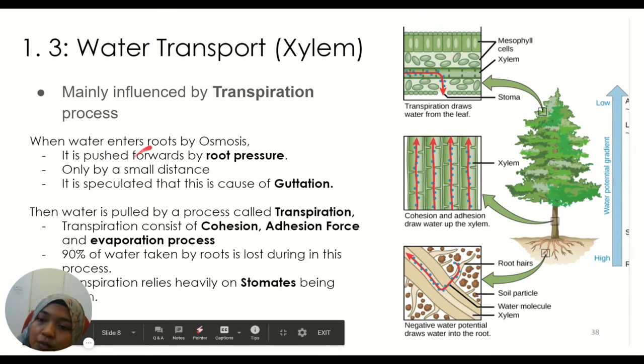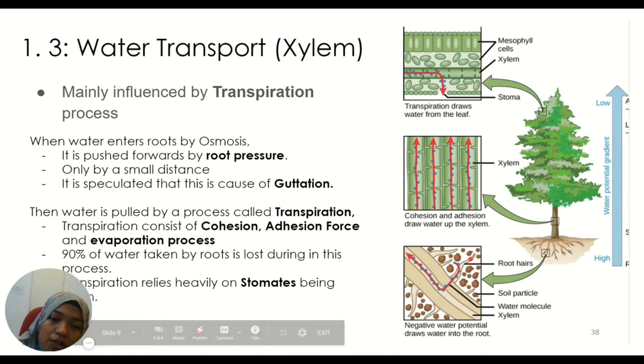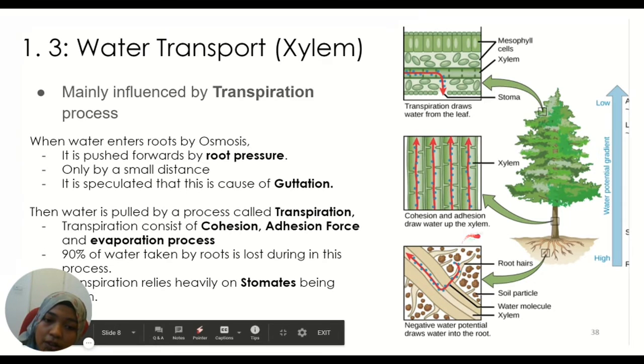Water enters the root by osmosis, where the high concentration of water enters the low concentration of water place, which is the roots.